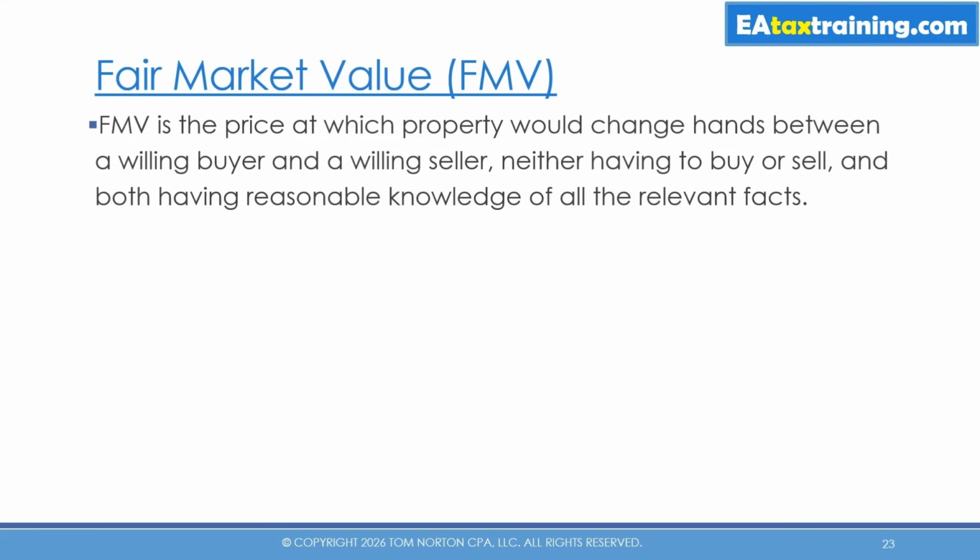So it's not like it's got a bad transmission and the seller knows that and the buyer doesn't. The buyer knows all the relevant facts that the seller knows about that car. The price that they would agree on for the sale of that car, that would be fair market value. So obviously, this is kind of a hypothetical, a perfect case example, but that is what fair market value means in the tax law.